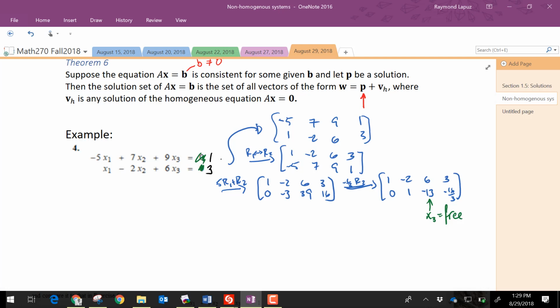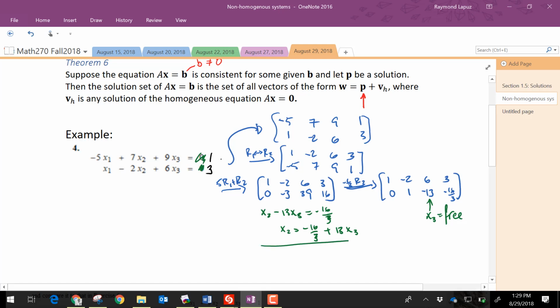We're going to have x2 minus 13x3 equals negative 16 over 3. And so if we solve for that, x2 is equal to negative 16 over 3 plus 13x sub 3. Is that right?